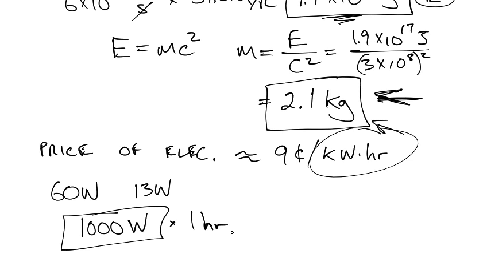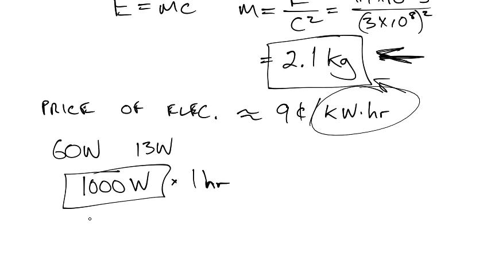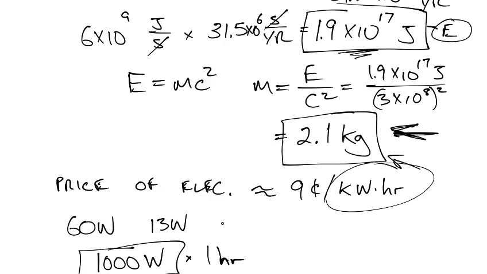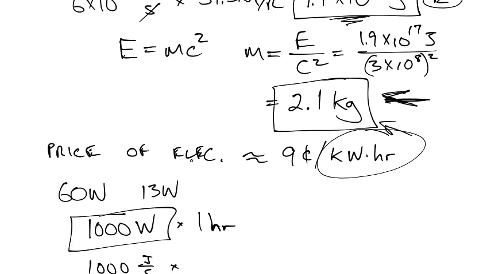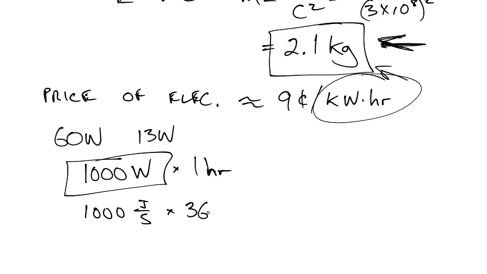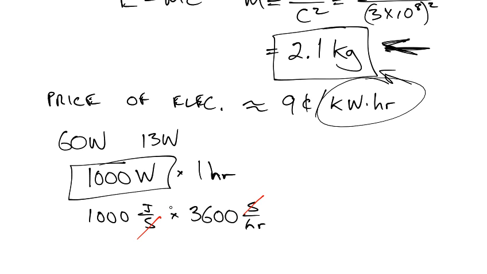Well, let's figure out how much energy that is in joules. In order to figure this out, we're going to have to convert the watts to joules per second, like we did before. And we're going to have to change the hour into the number of seconds. Now, we've done that already way up here. It's actually 60 times 60, which is 3,600. So let's replace this with 3,600 seconds per hour. And, of course, the seconds cancel out, and we're left with joules per hour.